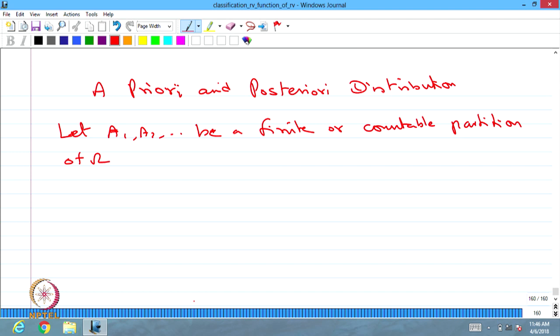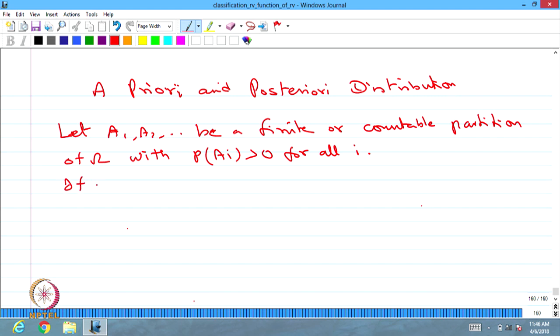That means the intersection is empty and the union of the Ai is the same as omega, with P of Ai greater than 0 for all i. It is basically a partition of omega.